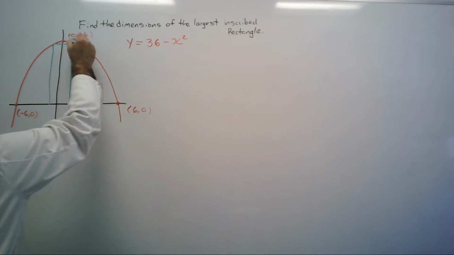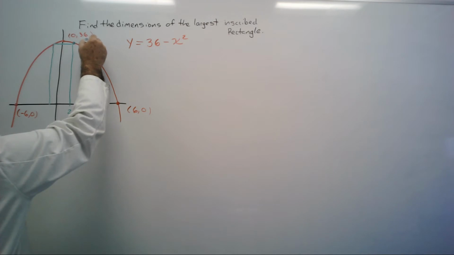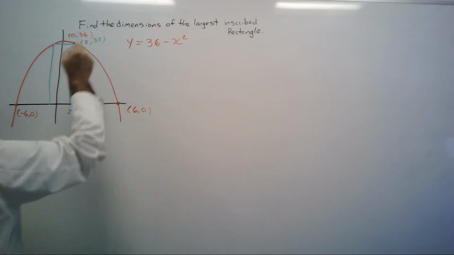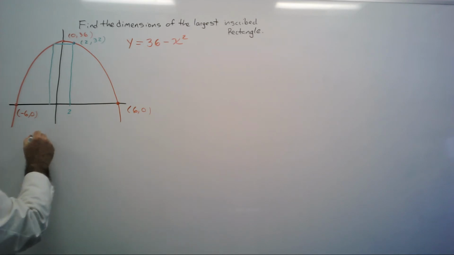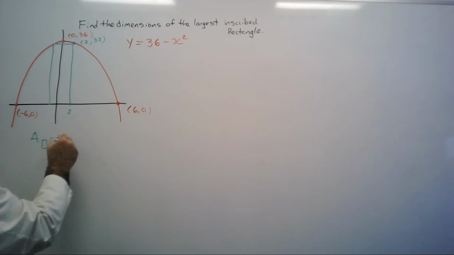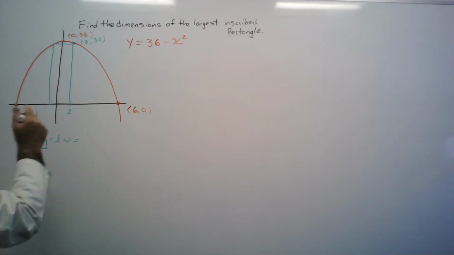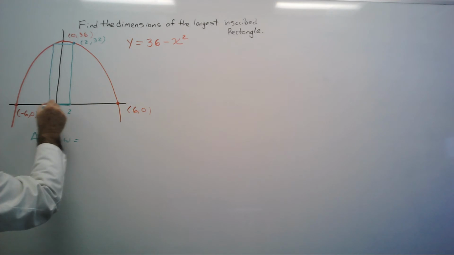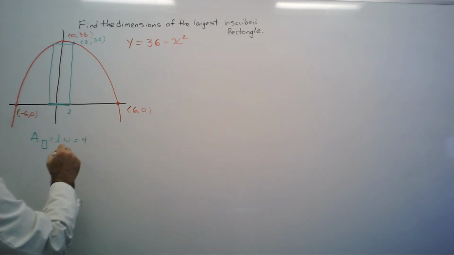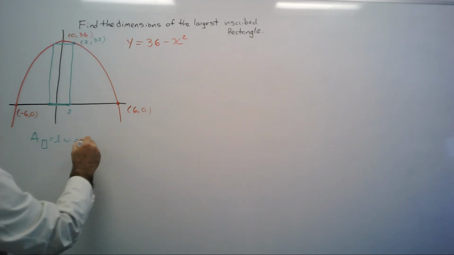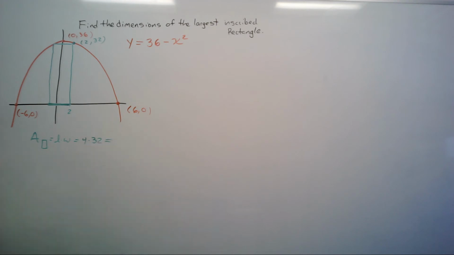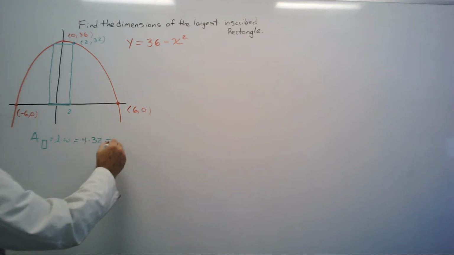So this corner is at (2, 32), which means the area of this rectangle will be length times width. The length of the inscribed rectangle is 4, and the height is 32, and 4 times 32 is 128.